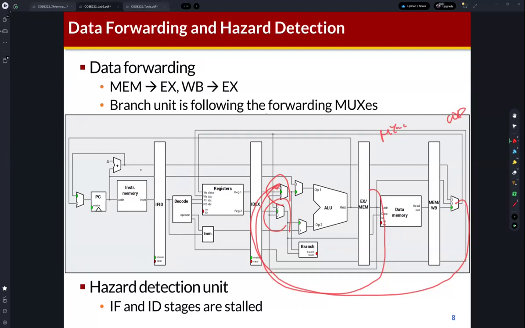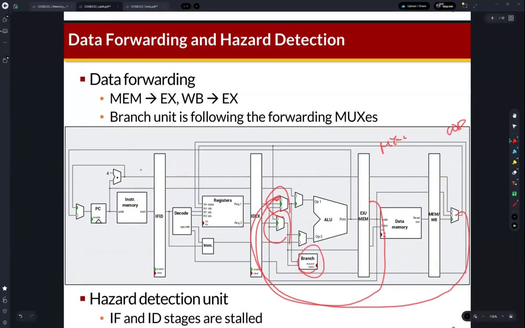Okay, so you need to design the data forwarding unit and then the forwarding multiplexers in the pipeline architecture. Also, the hazard detection. Okay, and the good thing is that the dedicated branch unit is located after this forwarding mux.